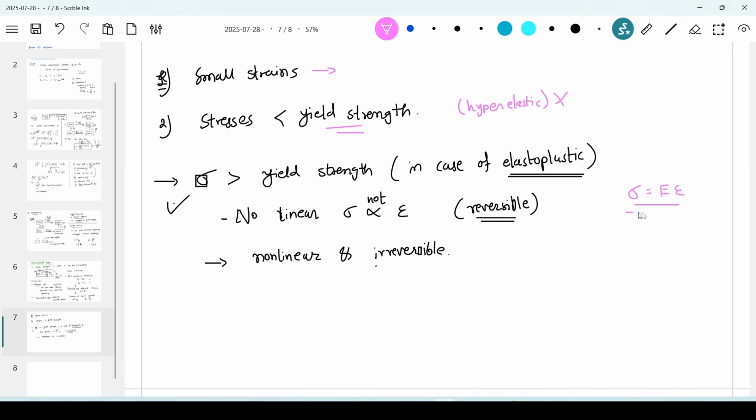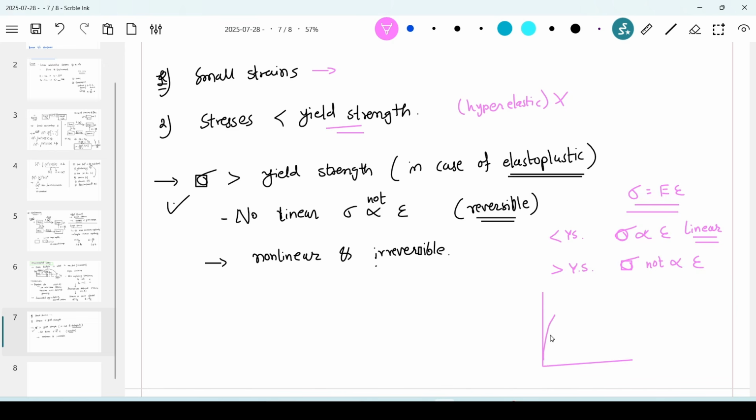We know this. That means sigma is proportional to epsilon. This is a linear relationship for less than yield strength. But once we cross the yield strength, sigma is not proportional to epsilon. We know this for metal plasticity.